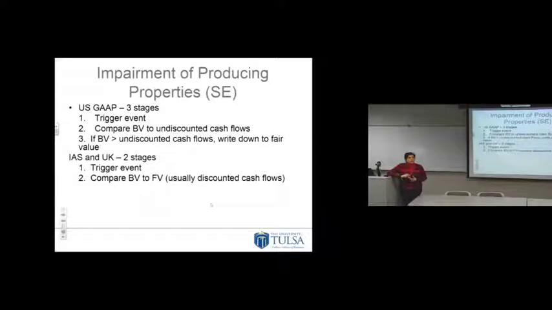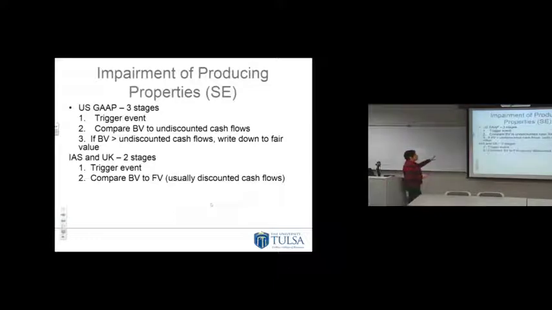Those of you who are in full cost companies have probably heard of this. The SEC has a special test for full cost companies called the full cost ceiling test. It is much more rigorous than this test, and therefore you're going to write down more often under that test.